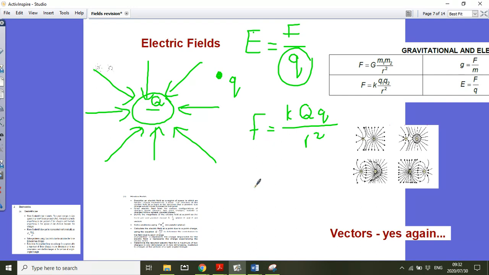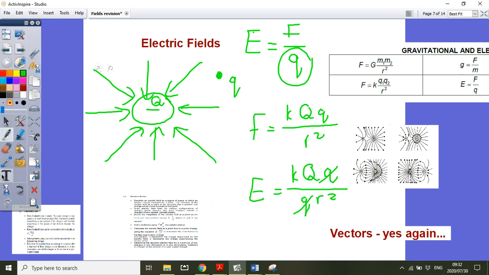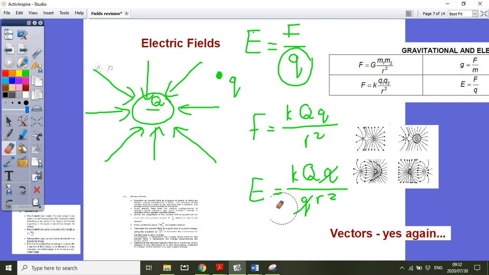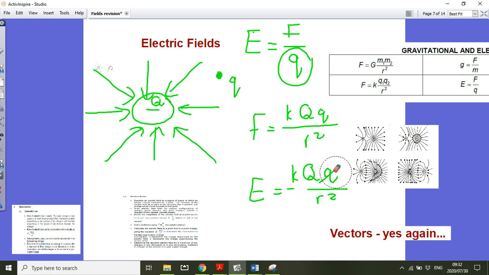So I can say that E is equal to F over Q. F is this, so it's kQQ over r squared. But then I've already got a Q there as well. So the two Q's again, same as in gravitational field, will cancel out. And it gives me that new equation. It's also on your information sheet, so you don't have to derive it. So it's just kQ over r squared.